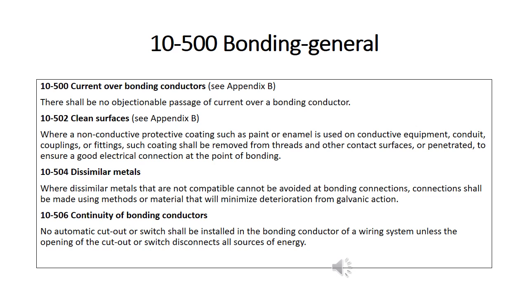Caution should be used when dealing with dissimilar metals because of galvanic reaction or galvanic action. And the bonding conductor shall have no cutout or switch unless there's a switch that disconnects all energy sources.